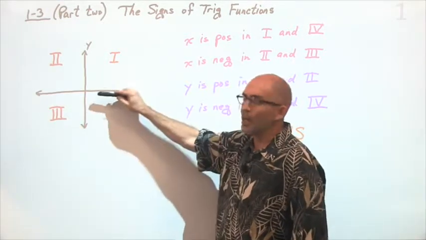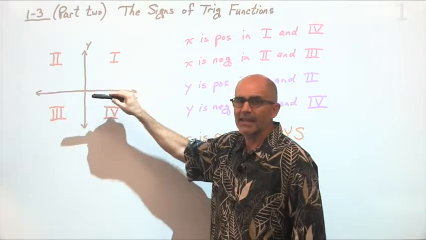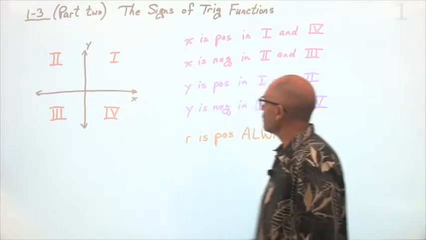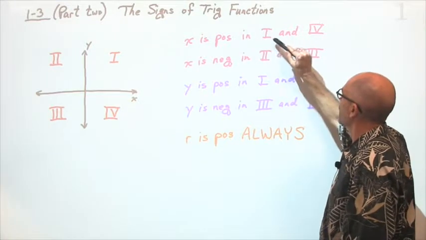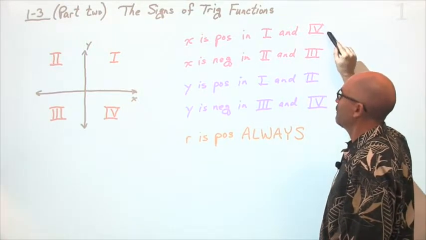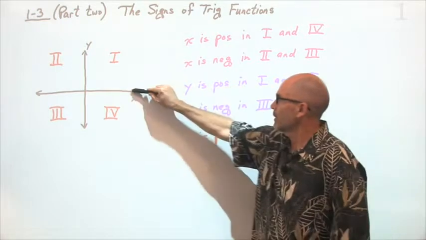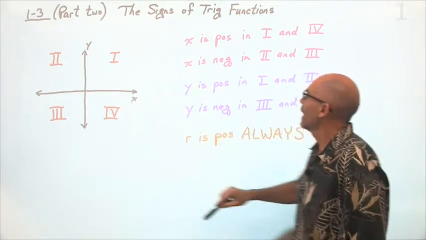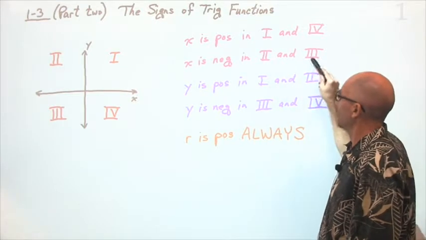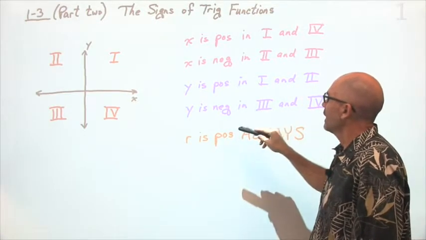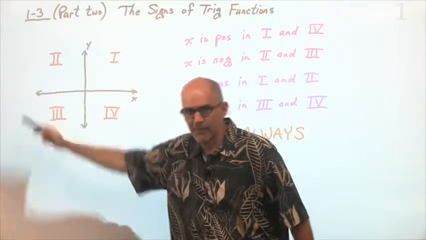And y is positive when you go up, and it's negative when you go down. So, that makes x positive in quadrants 1 and 4, because that's where x is right. And then x is negative in quadrants 2 and 3, because that's where you go left.